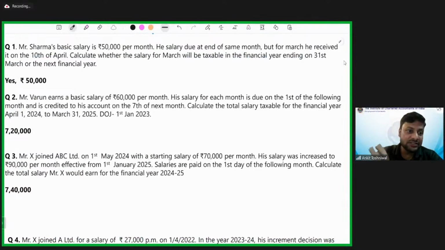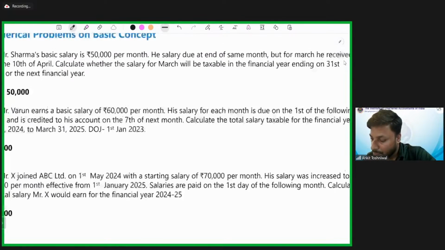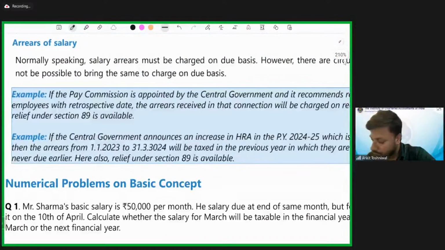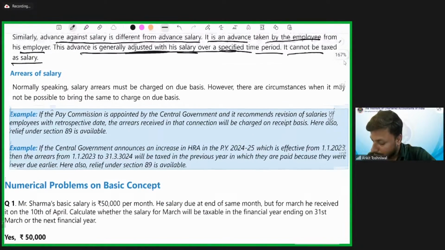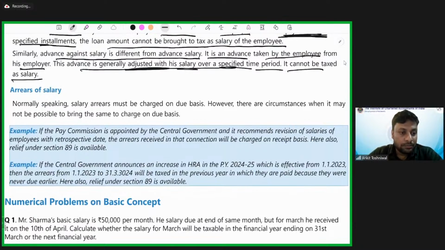We have only 10 minutes to solve these questions, and it's your work. Try to solve this question right now. First question. Mr. Sharma, basic salary is rupees 50,000 per month. His salary is due at the end of the same month, but for March he received it on 10th of April.